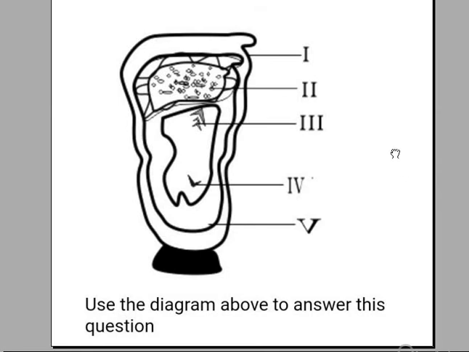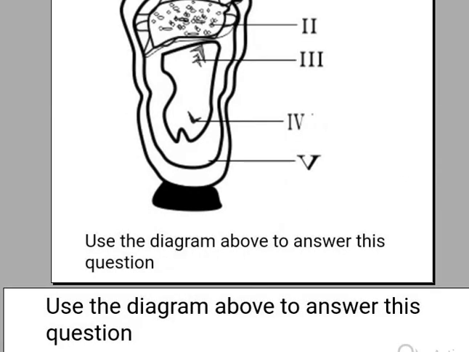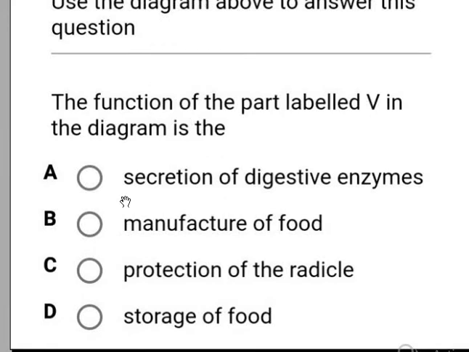Okay, moving to the next question. The question says the function of the part labeled Roman 5 in the diagram is A, secretion of digestive enzymes, manufacture of food, protection of the radicle, storage of food.